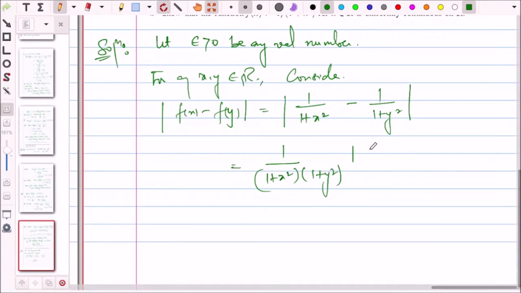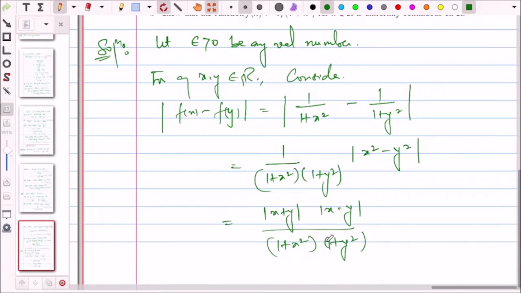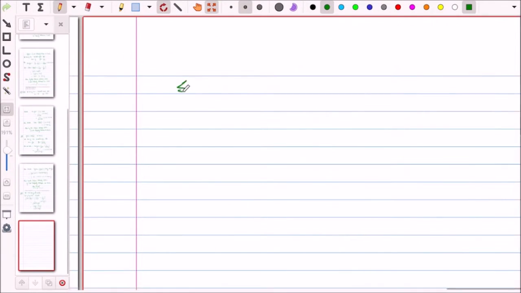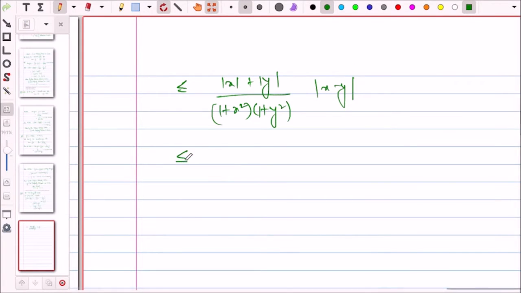On simplification you get x plus y times x minus y upon 1 plus x square times 1 plus y square. In the numerator we can apply the triangle inequality, so this is less than or equal to mod x plus mod y upon 1 plus x square times 1 plus y square, times mod x minus y.